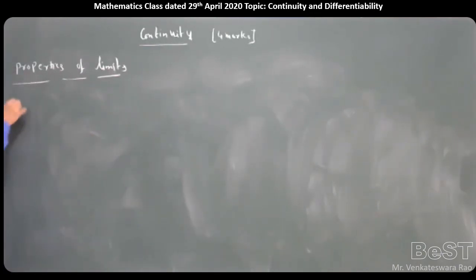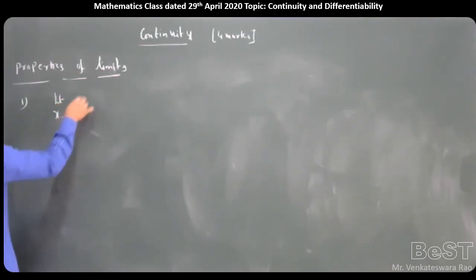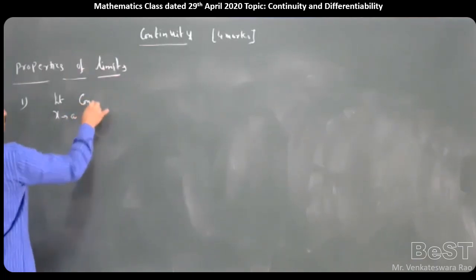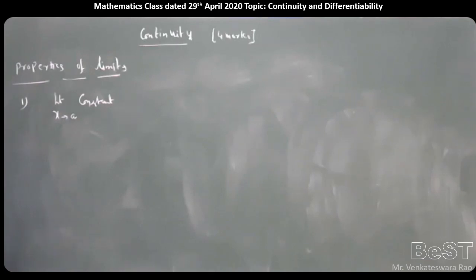What is the first property here? Limit of x tends to a constant. How to write this limit? How to read it? That is important for you.